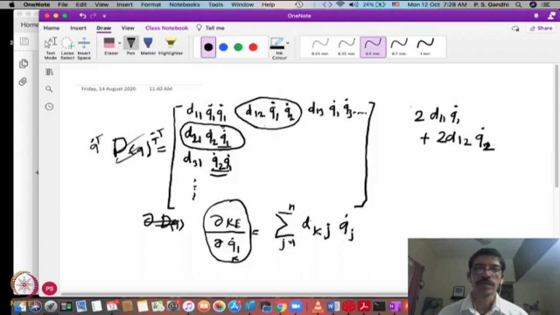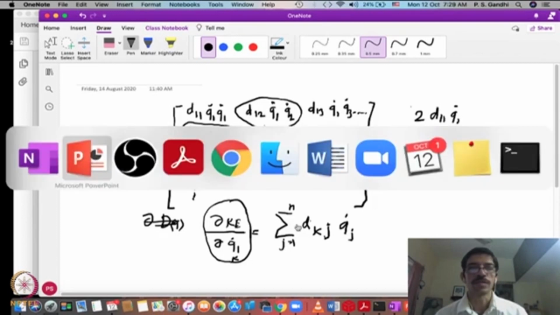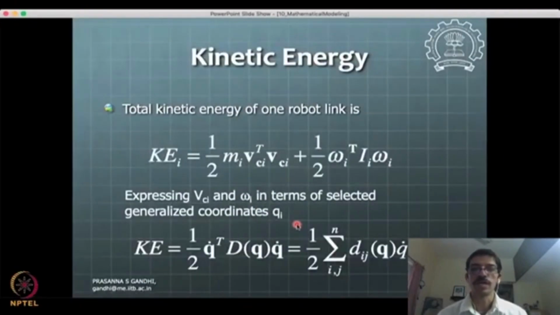So for k equal to 1, j is equal to 1 to n, and this qj dot will give me this expression for the first partial derivative of kinetic energy with respect to q1 dot. So clear this part. Like that you need to see and move on from here.